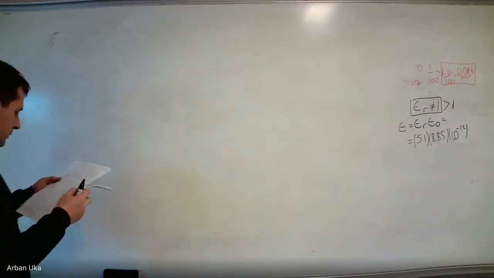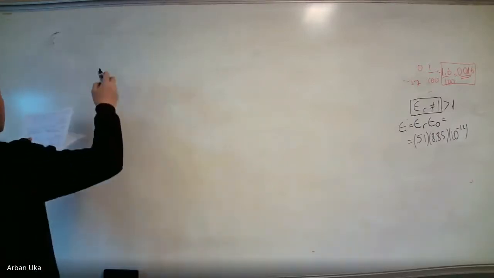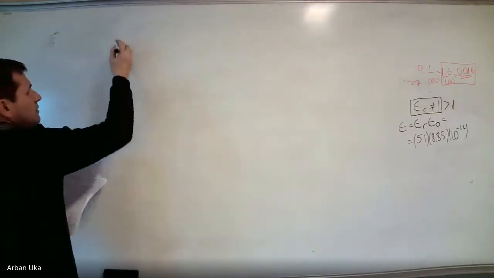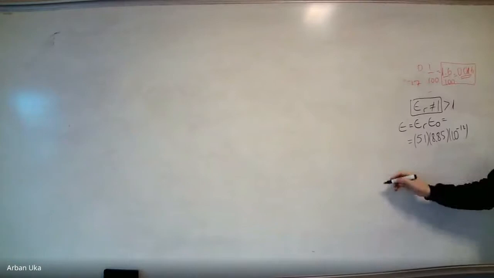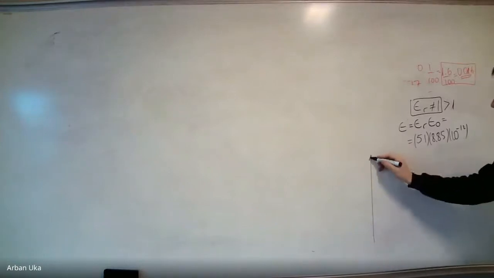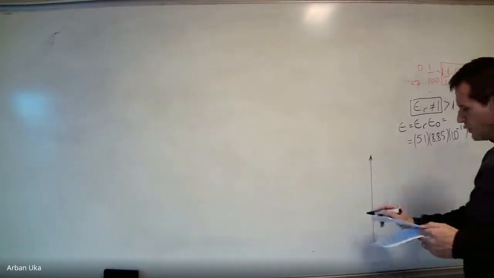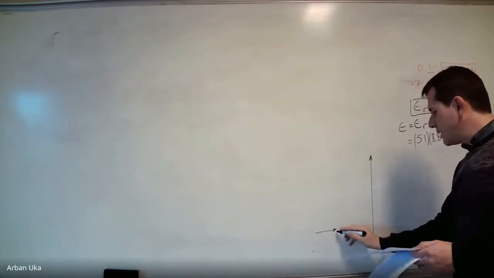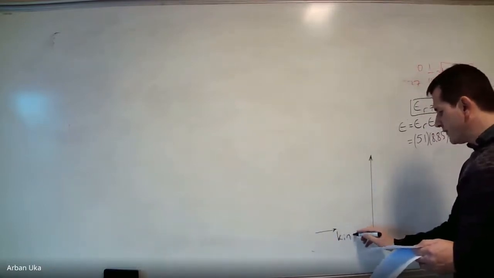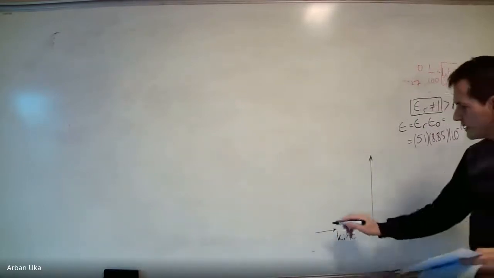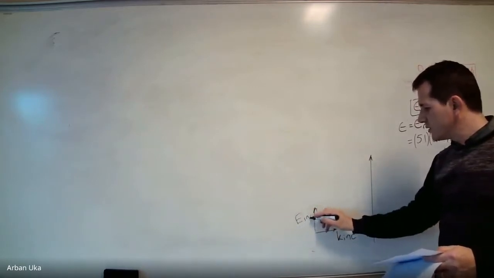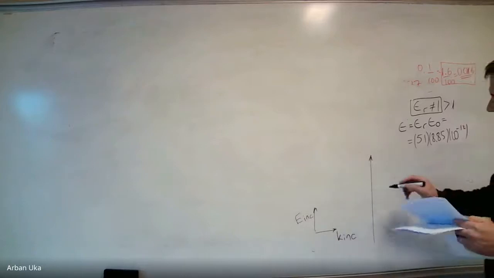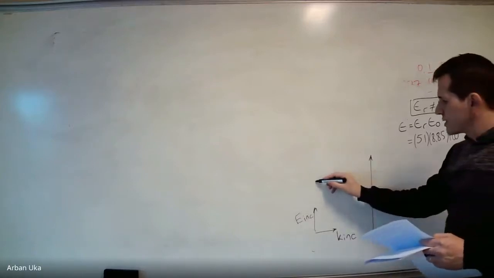Now, let's consider a similar situation, but let me see, probably I should use some other side to draw this. Let me do this here. So we have an incident wave, which is determined by Ki, incident vector. We have the electric field vector, which is Ei, incident electric field component. Then we have the reflected wave, which is coming backwards.